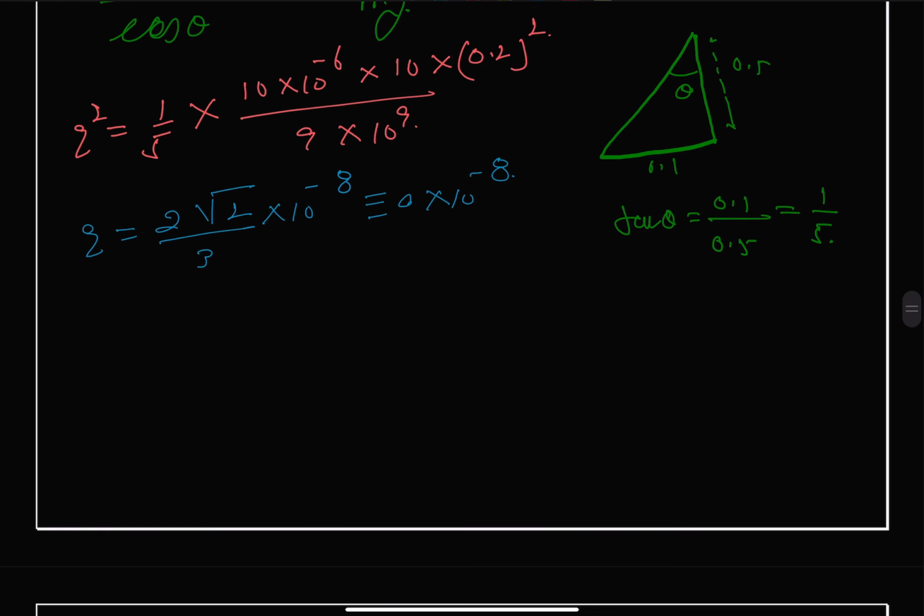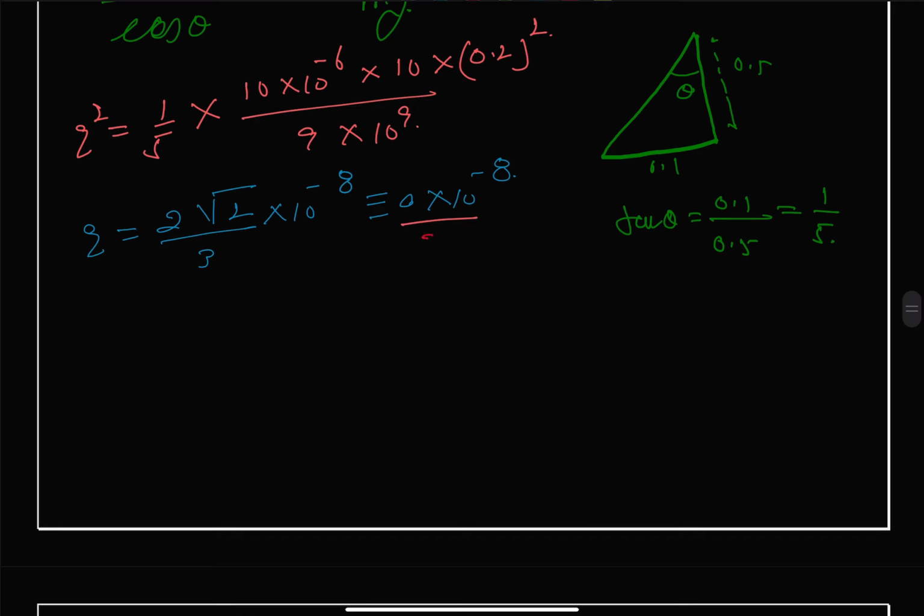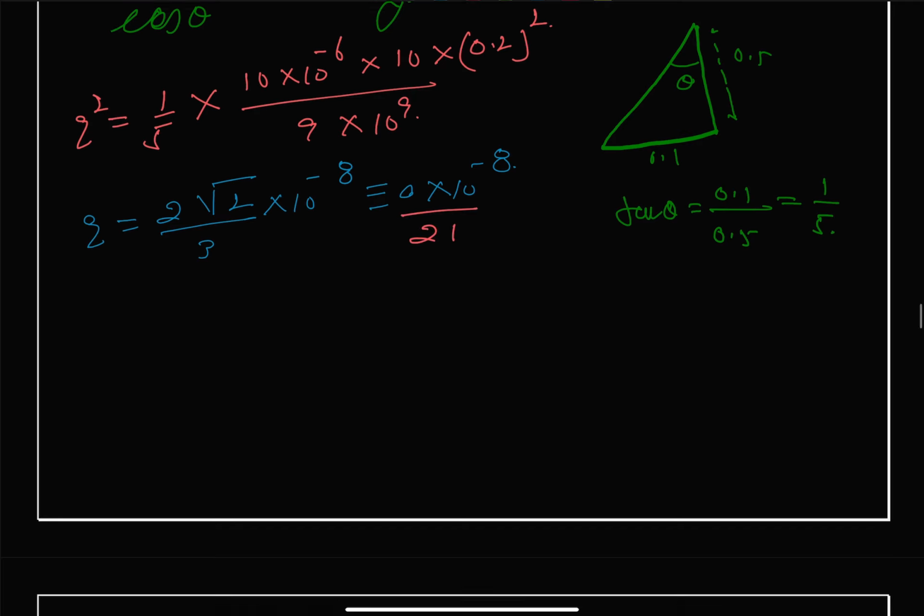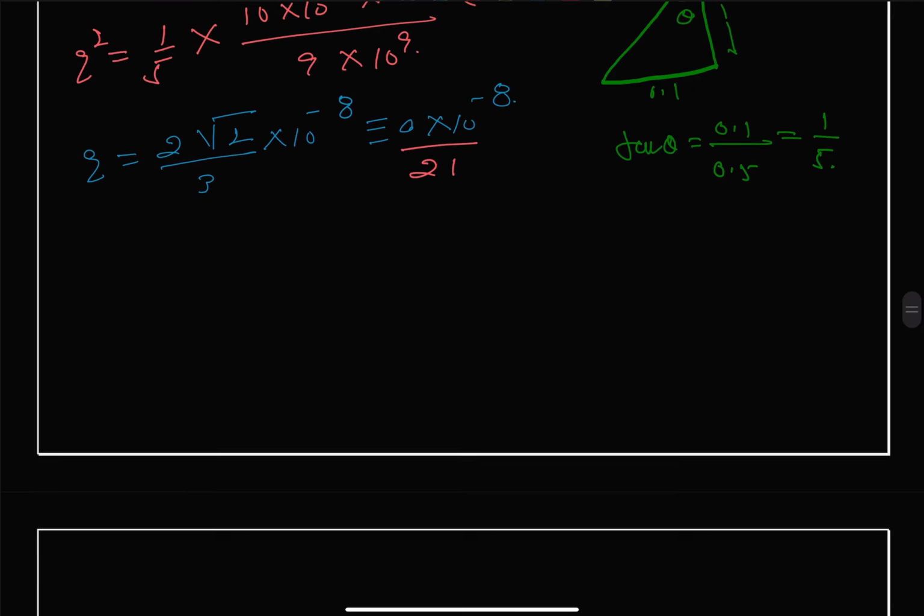So we can just say that A upon 21 will be equal to 2 root 2 divided by 3. And so we get this will be equal to A is equal to, this goes by 7. So this comes as 14 times square root of 2.